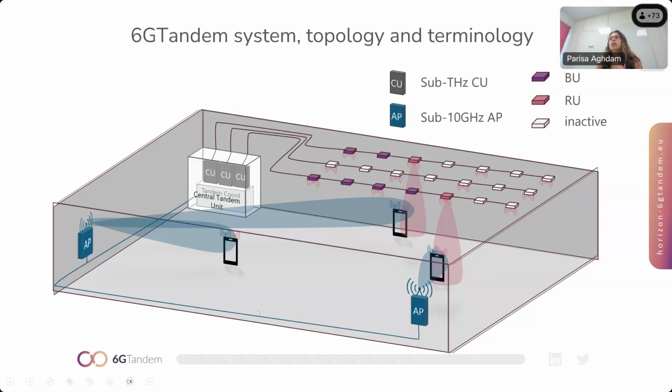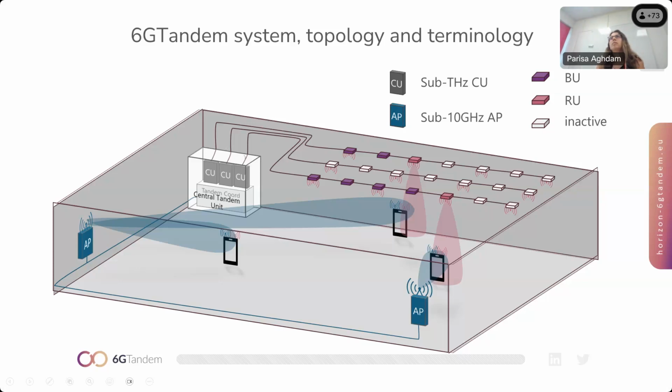And so 6G Tandem, the tandem word comes from the dual frequency operation, and here we envision that you can make use of the low frequency sub-10 gigahertz products, let's say Ericsson Radio Dot working at 3.5 gigahertz, and those are the blue boxes, access points.